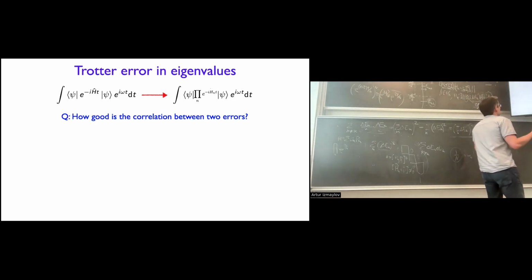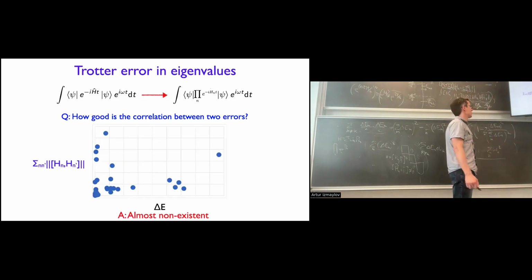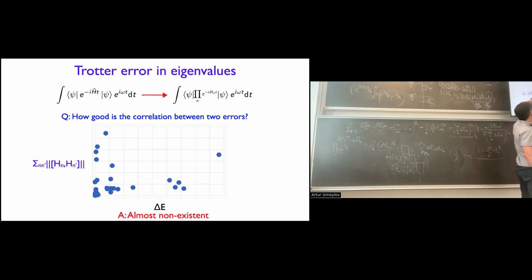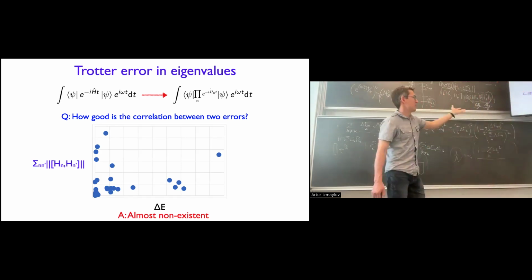And one can ask the question, okay, how good is the correlation between the two errors, the error for the propagators versus the error of the eigenvalues? And when we look at this, where the x-axis is the eigenvalue errors, and the y-axis is the errors based on the norms of the commutators, there is almost no correlation, right?